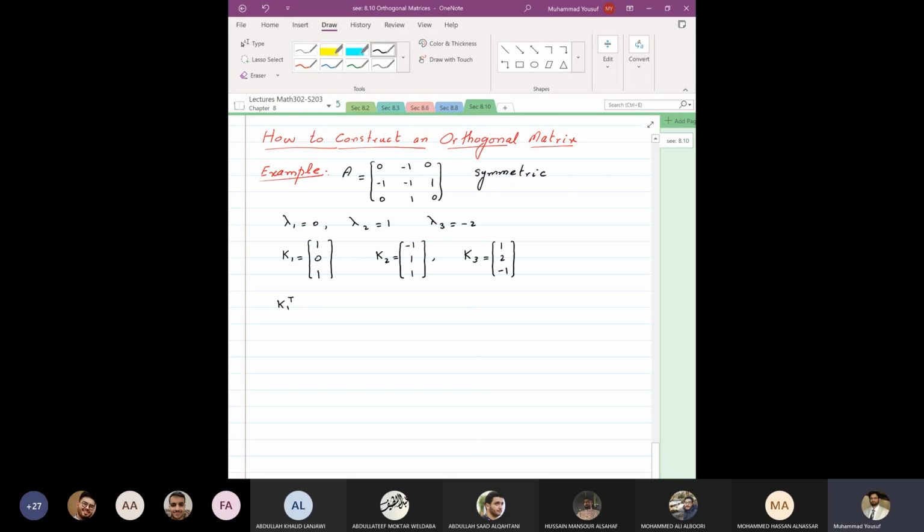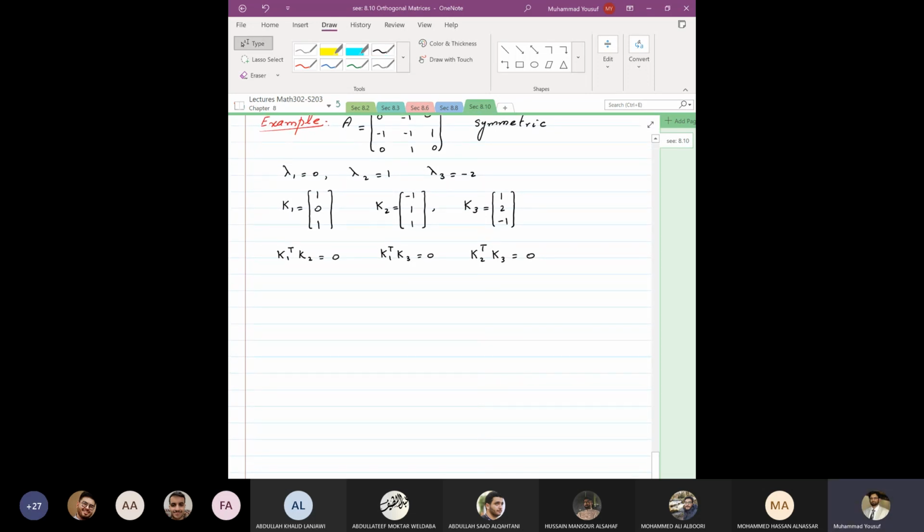Actually, in case of matrices, we need to do K1 transpose K2. It is 0. K1 transpose K3 is also 0. And K2 transpose K3 is also 0. So these three vectors are orthogonal vectors.